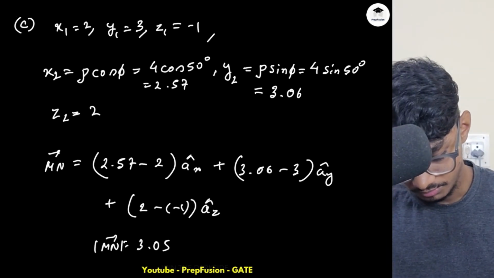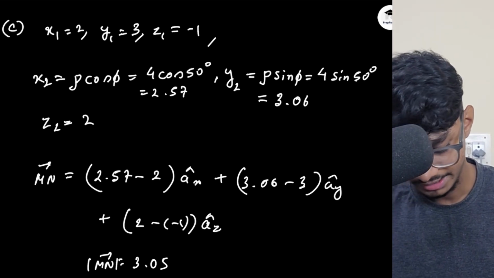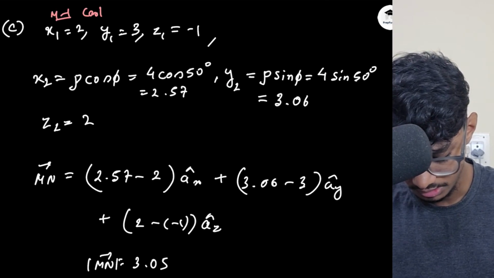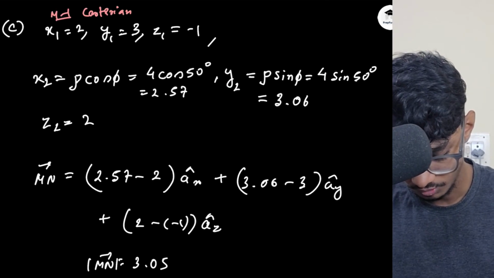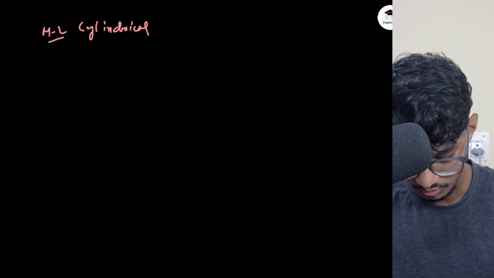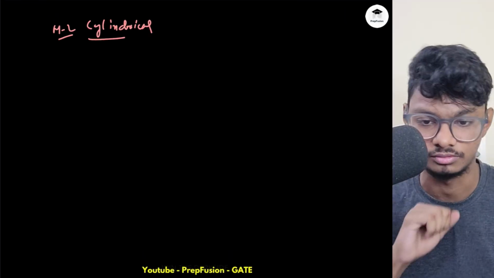Method 1 is converting everything into Cartesian. The homework for you is method 2, converting everything into cylindrical, and then compute, you will get the same value.